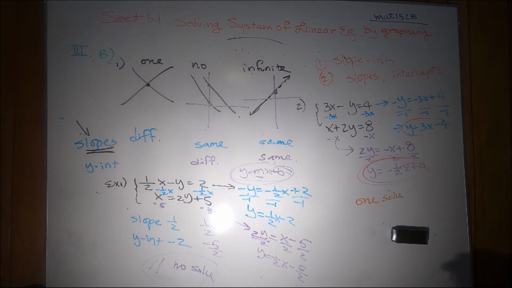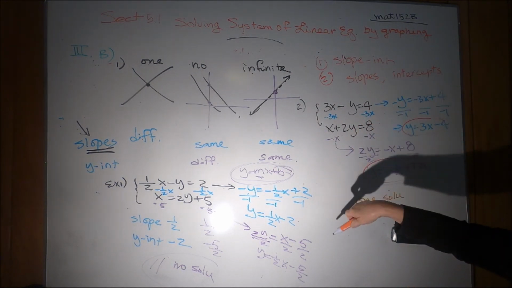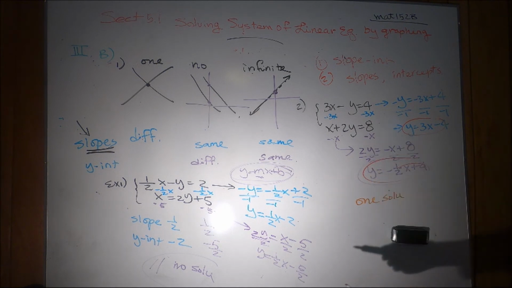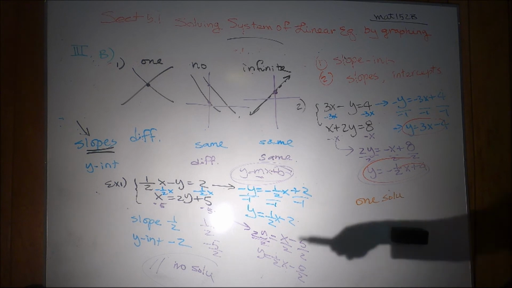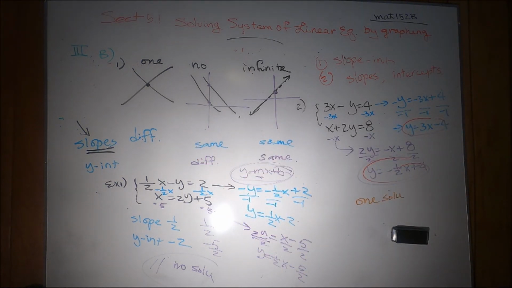So this part, we are just clarifying the concepts for the two lines. How do they behave? What kind of solutions can we expect? Instead of finding the solution, right now we just decide how many solutions there possibly are, right? So that's page 3 for section 5.1.